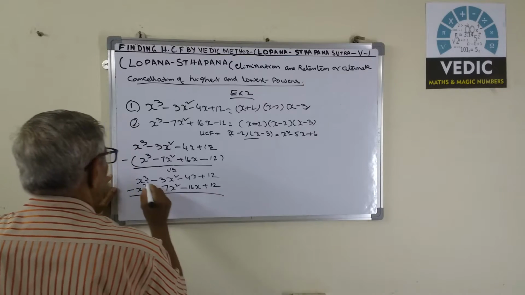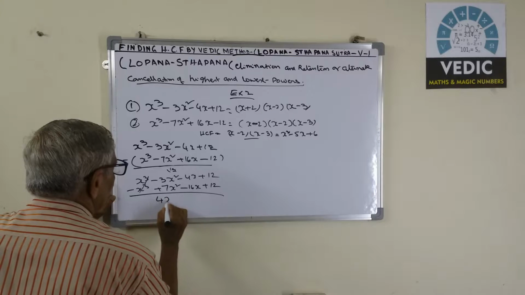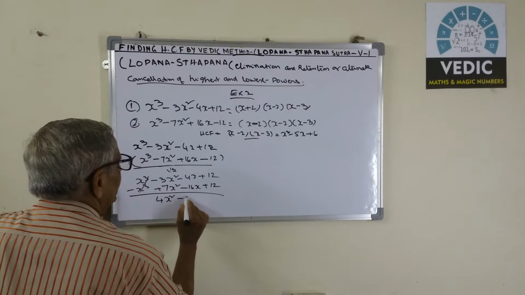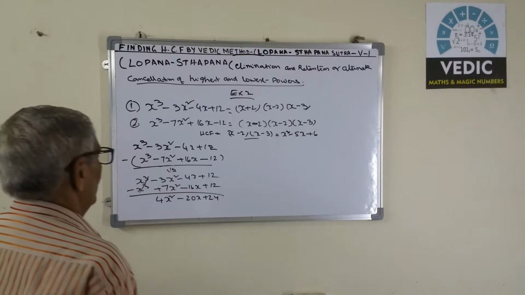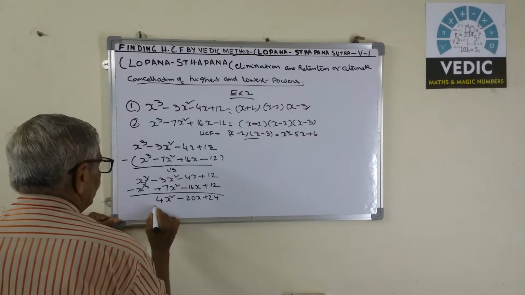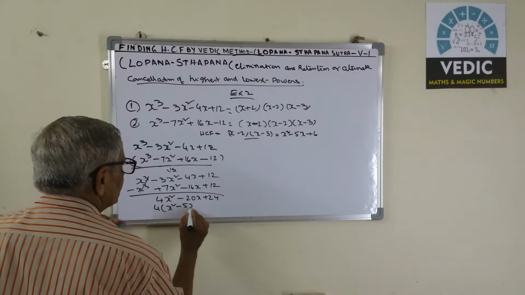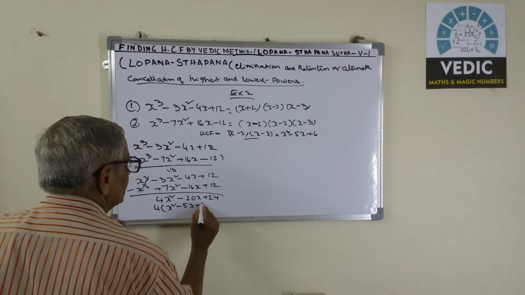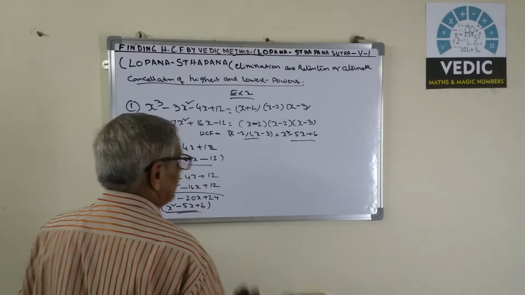Now the highest powers got cancelled, and we have 4x square minus 20x plus 24. Let us take 4 as common. So it is x square minus 5x plus 6. We have got the same answer with the subtraction method.